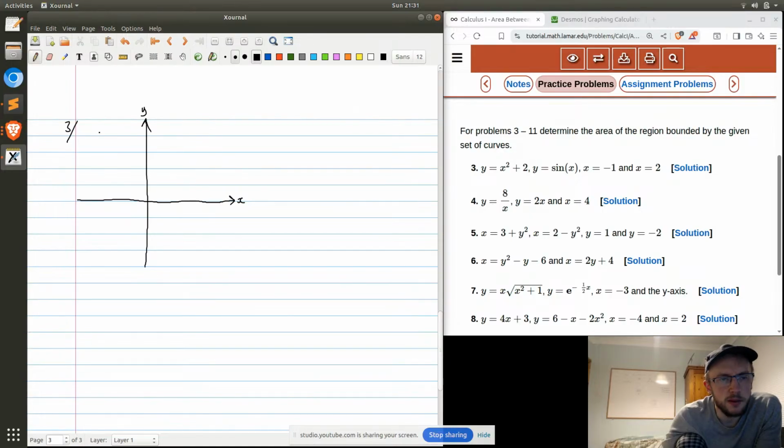X squared plus 2 is just the unit parabola but raised by 2, isn't it? And sine of x happily sits underneath. Something like that. And I mean, it goes to the left as well, but I'm not interested in that. Oh, yes, I am actually, from -1 to 2.